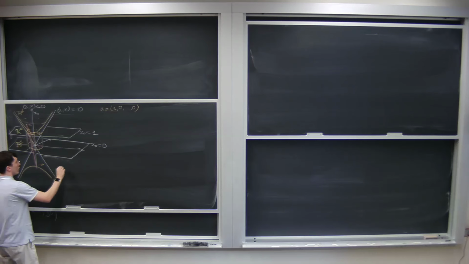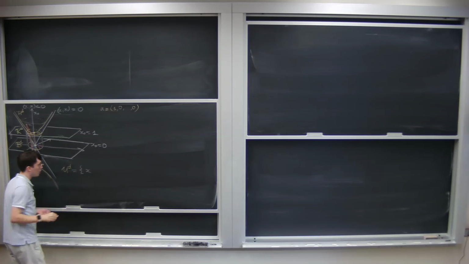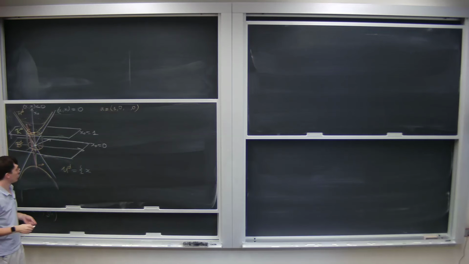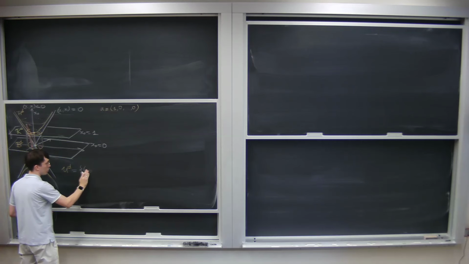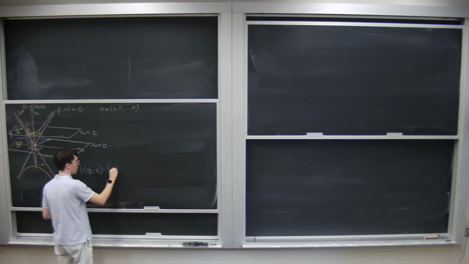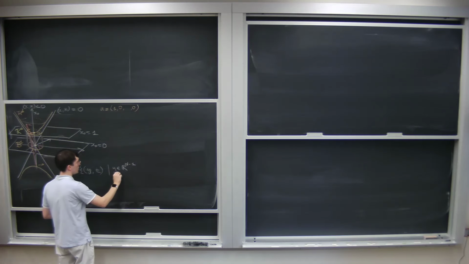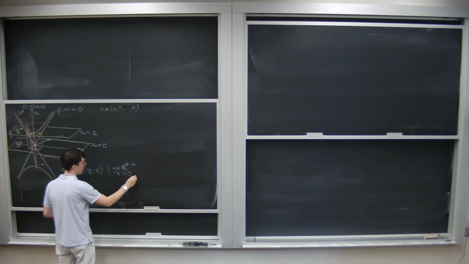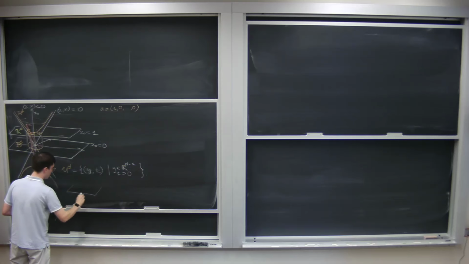So there is another model, U^d, which I'm going to describe as points that we will usually encode like this: (y, t), where y is from R^(d-1) and t is a positive real number. This is my model, the upper half space. Generically, it looks like that.